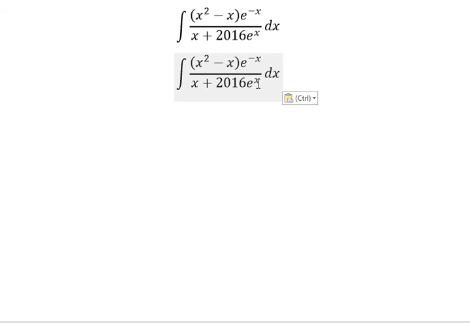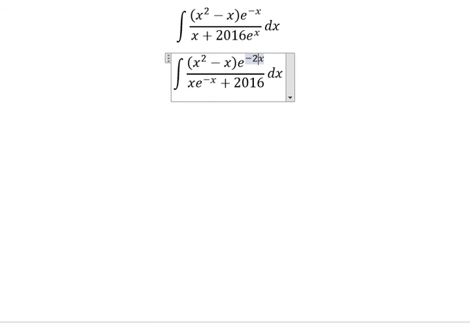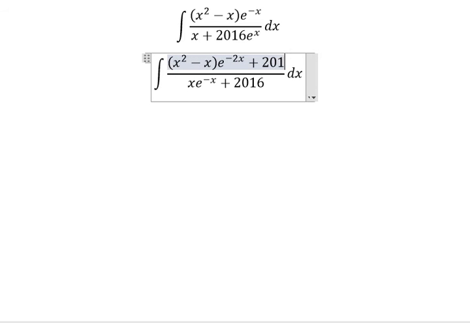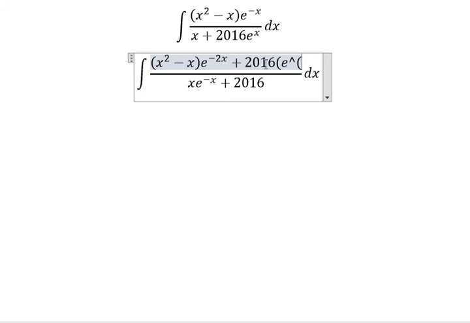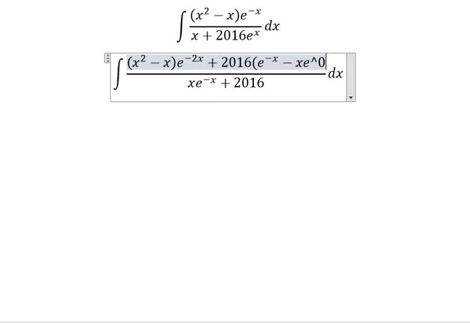We need to divide by e to the power of x on the numerator and denominator. Next, we need to add 2016 of e to the power of negative x minus x multiplied with e to the power of negative x.